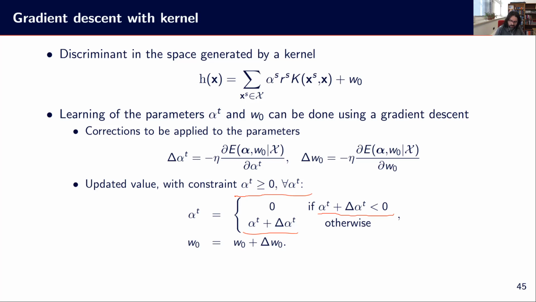We just stop the value at 0. We don't go below 0. So the update is modified that way. Otherwise, for the constant, which can be negative, it's the usual thing. We are just applying an update according to the gradient times minus eta, the learning rate.